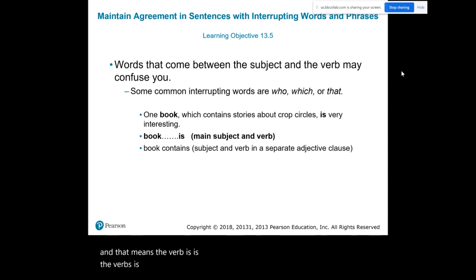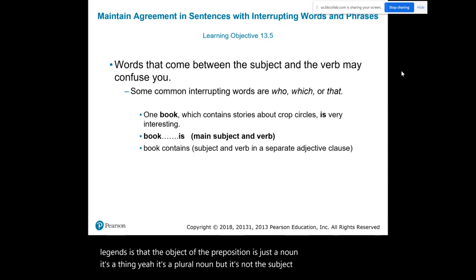What is legends, you said? Legends is the object of the preposition. It's just a noun. It's a thing. Yeah, it's a plural noun, but it's not the subject. Okay, good job. Let's continue on a little bit here.